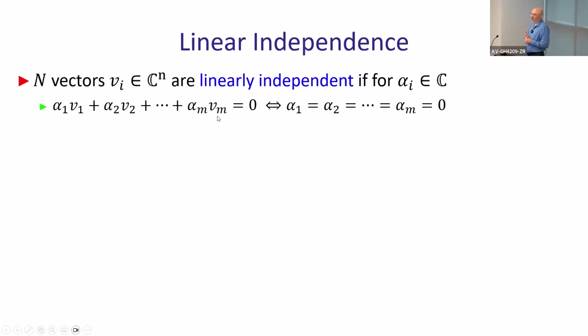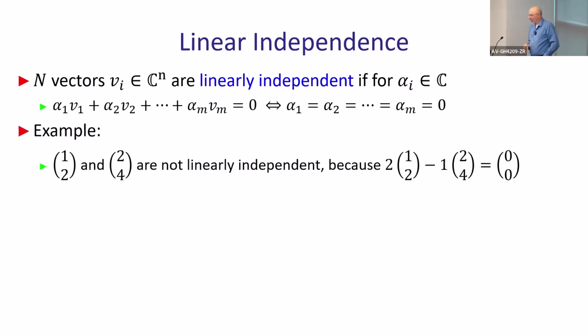Typically, when you have not too many vectors, you can just look at them, and if two vectors are proportional, this is definitely linearly dependent. Because you can multiply one by 0 and the second one by some constant, and you will always be able to find non-zero coefficients which still satisfy that equation. So it's always possible.